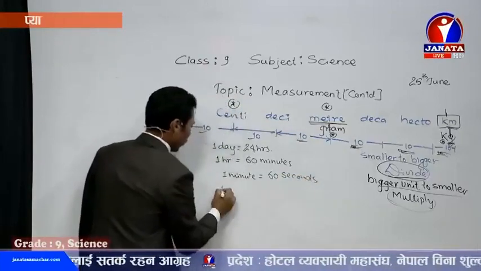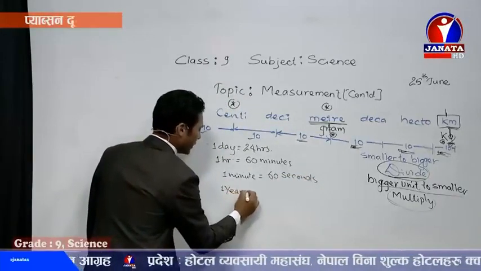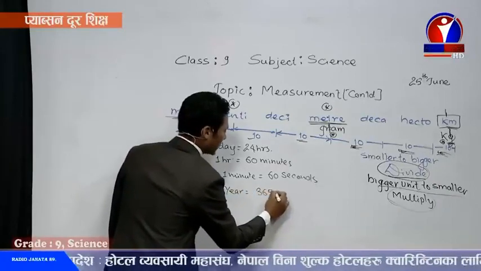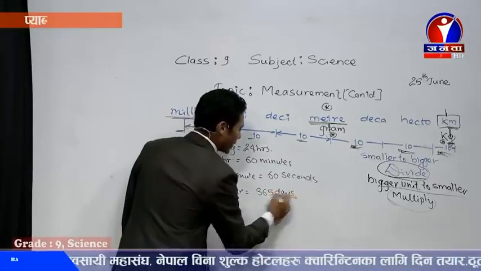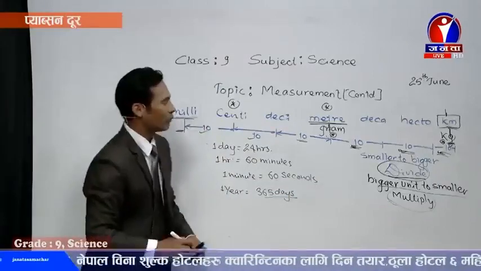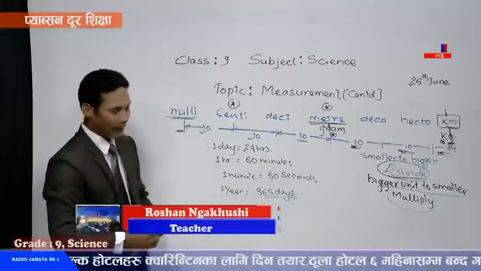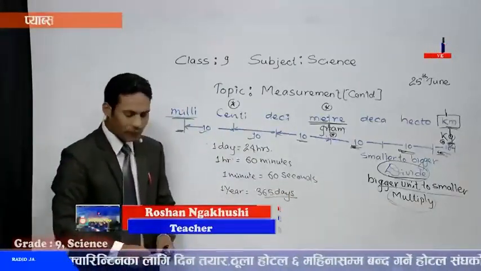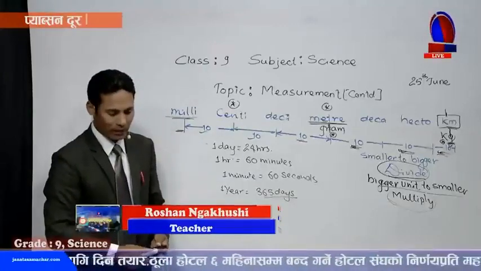And in 1 year, how many days are there? 365 days, this is the average. So these units can be used for measuring time. So this is about the measurement of time.